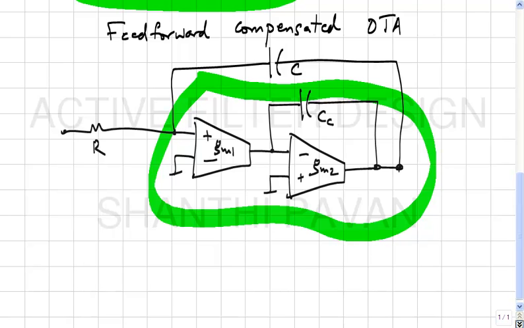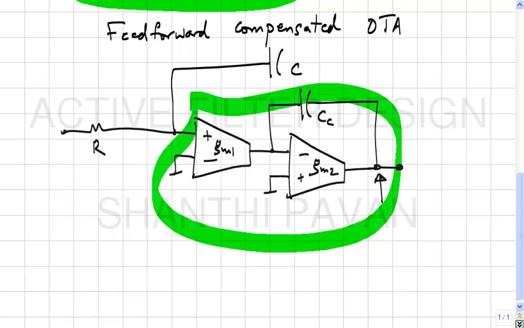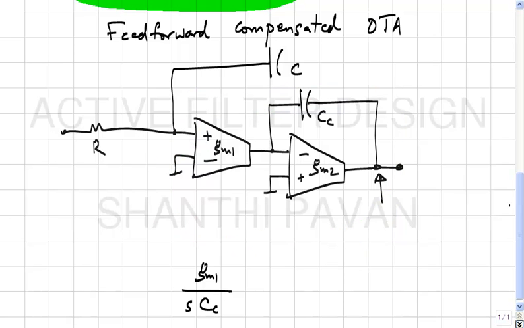At least if I broke this connection, if there was no load here at all, this would behave like a first order system with a transfer function GM1 by SCC. So what is the unity gain frequency of this transconductor? GM1 by CC.